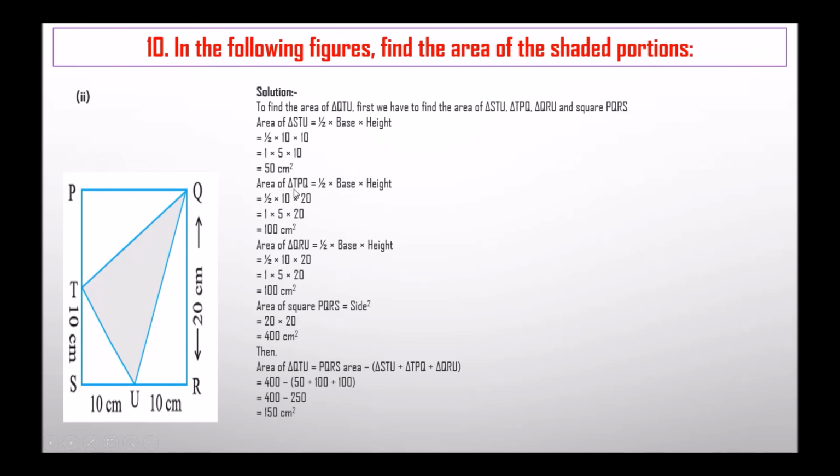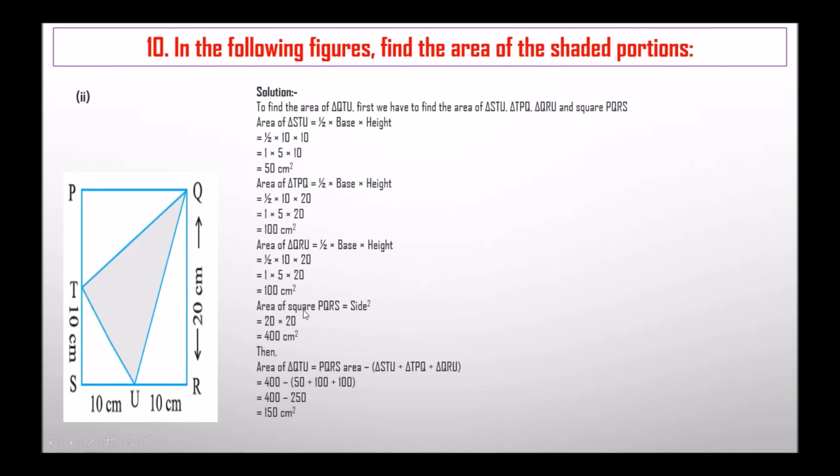Area of triangle TPQ, half into base into height, so half into 10 into 20. So 2 and 10 can cut, so 1 into 5 into 20, that is 100 centimeters square. Area of triangle QRU, that is half into base into height, that is 2 and 10 can cut, so 1 into 5 into 20, that is 100 centimeters square.